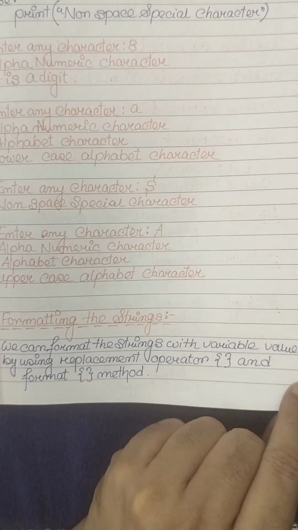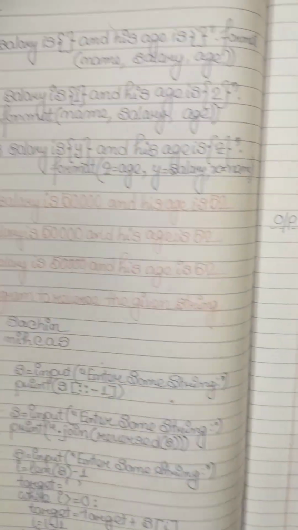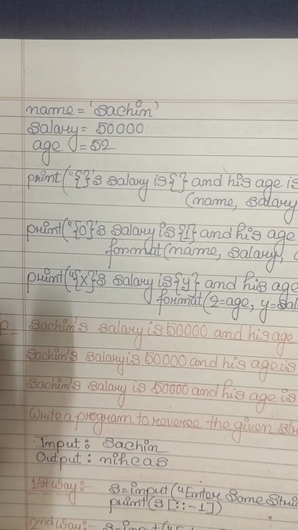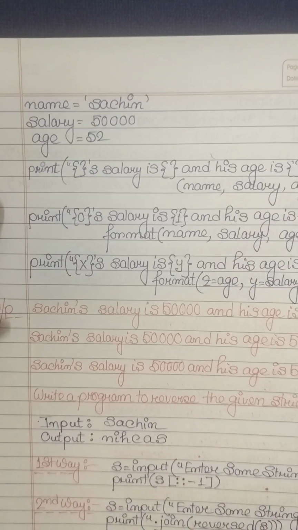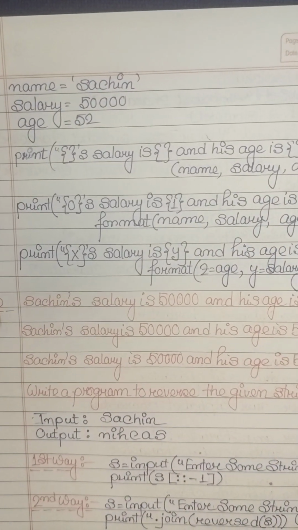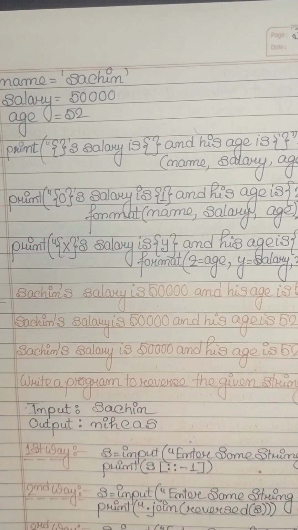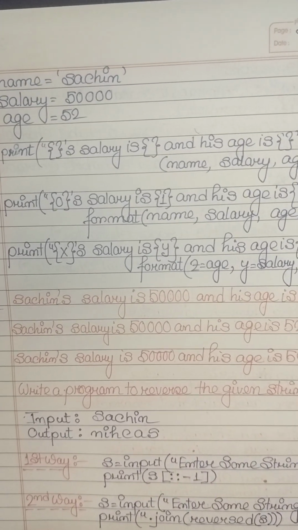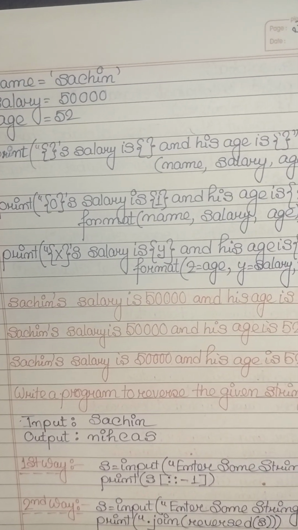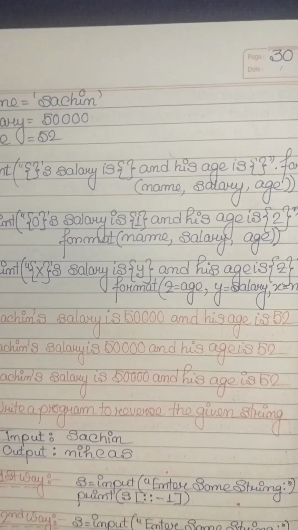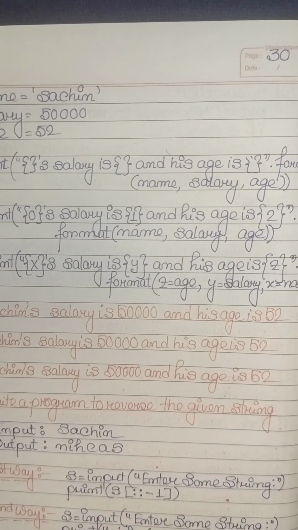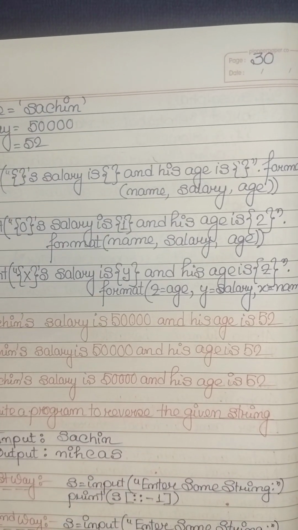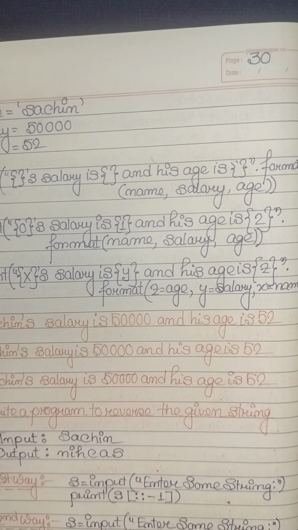The example will be, suppose name is equal to Sachin, salary 50,000, age 52. Now we are printing this: print, in double quotes, curly brackets, salary is, curly brackets, and his age is, curly brackets, dot format name, salary, age.